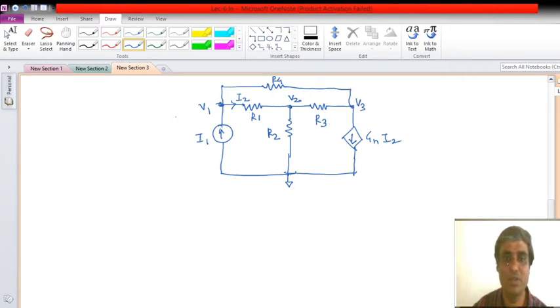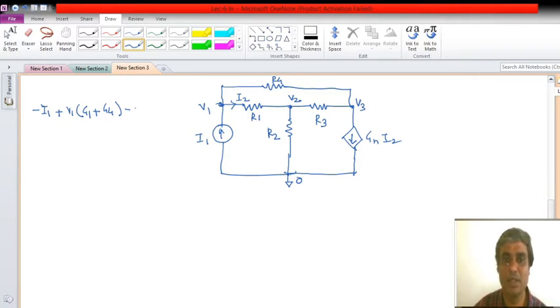So what is for node 1? It will be minus I1, let me write directly now, plus V1 into the addition of all the conductances connected to node 1, which are G1 plus G4. Then next is minus V1 0, V2 0, all are 0, let me write 0 also.